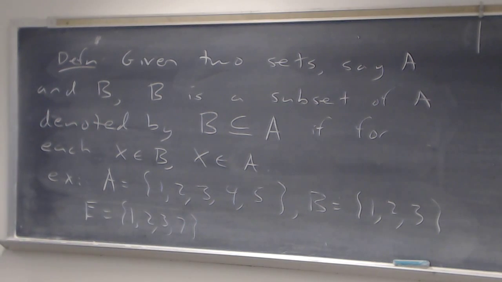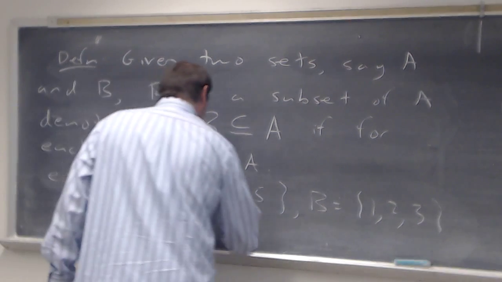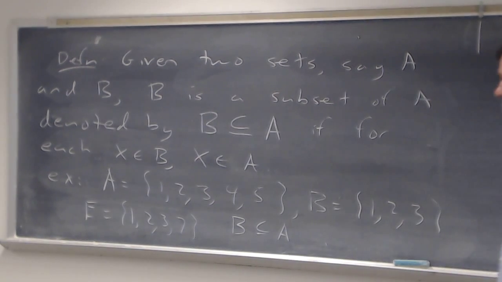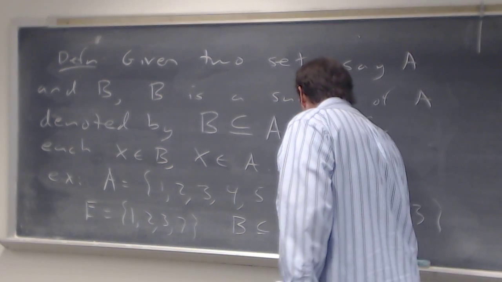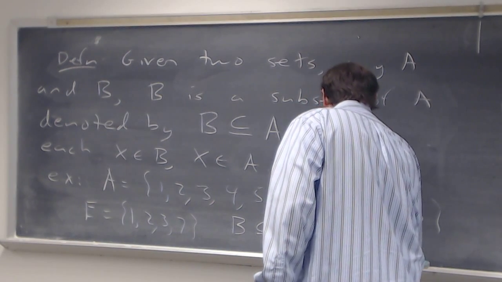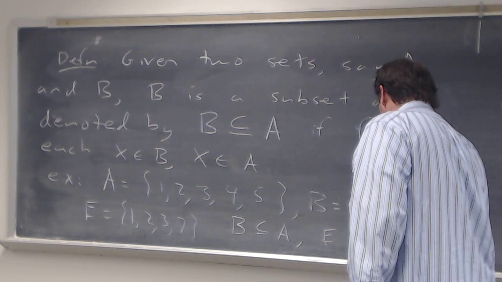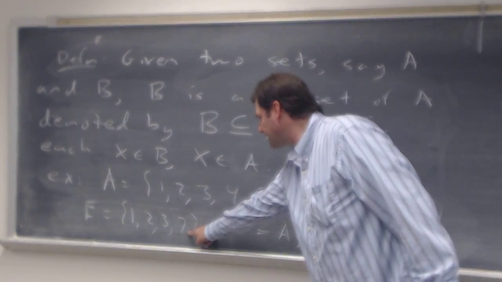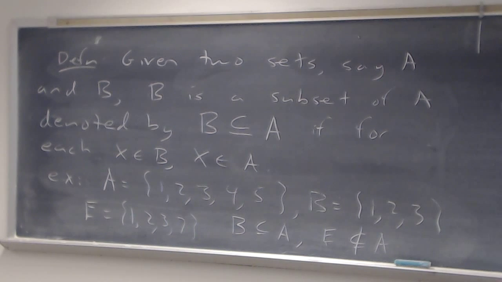Then here's what I can tell you. B is a subset of A. Everything in B is in A. E is not a subset of A. So I draw a line through the subset symbol here. And the reason E isn't a subset of A is because 7 is in E, but 7 is not in A. Not everything in E is in A.